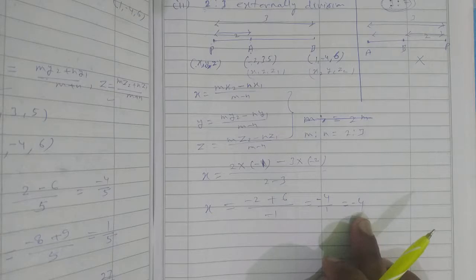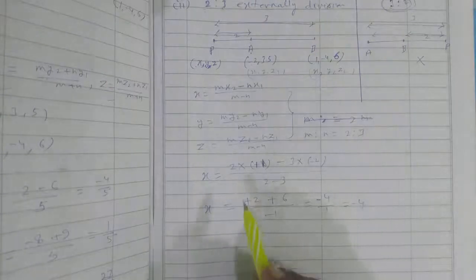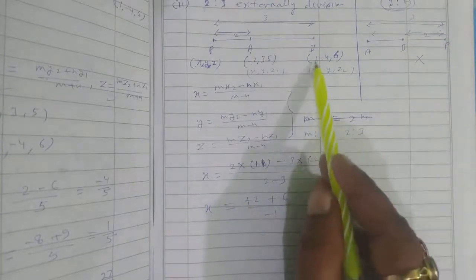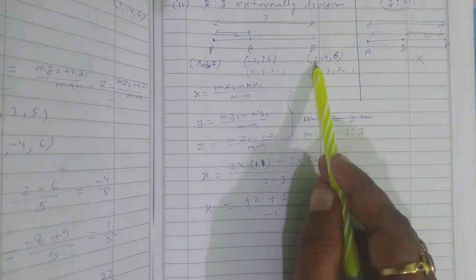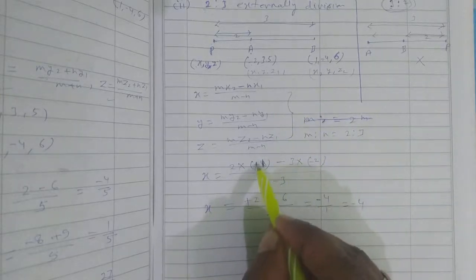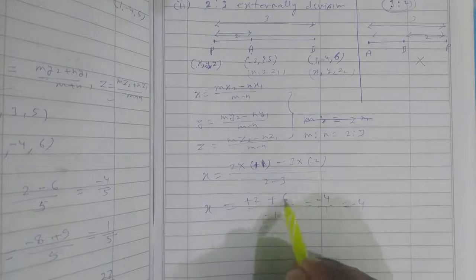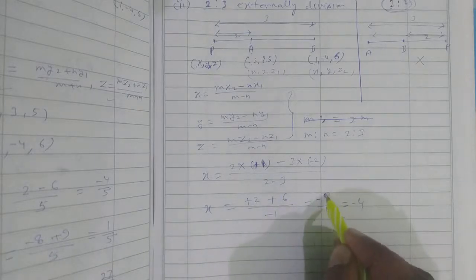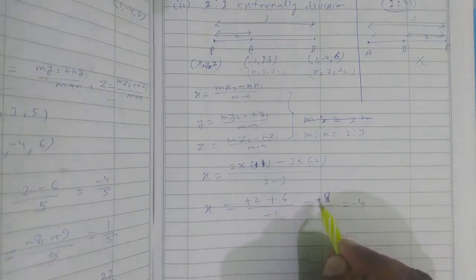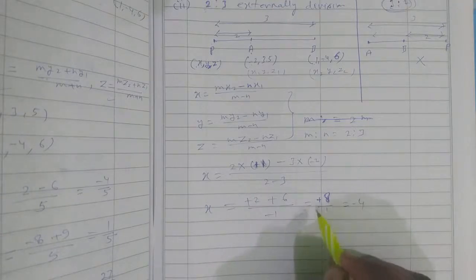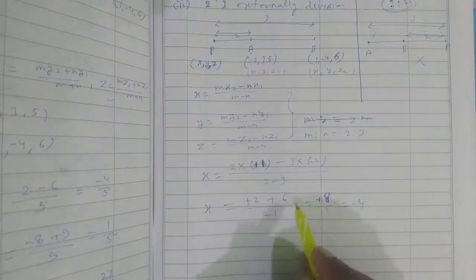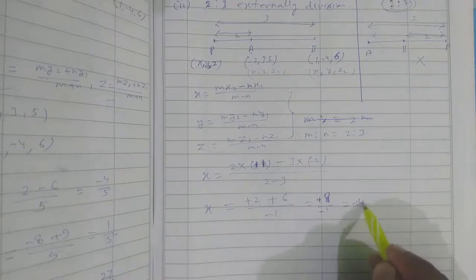After that you will find the coordinate of here. Yes student, this is the correction here. This value of x2 here plus 1, so this will be the plus sign here. So 2 1 is 2 plus 2, 6 plus 2 here is 8, plus 8, upon minus 1. So this is converted here to minus 8.